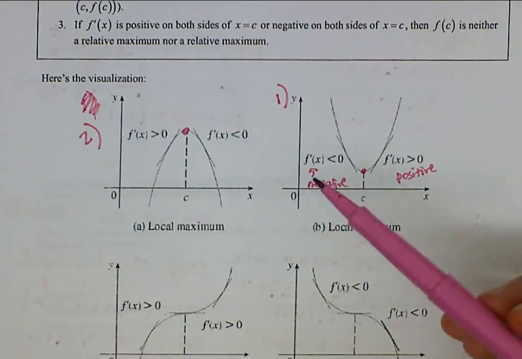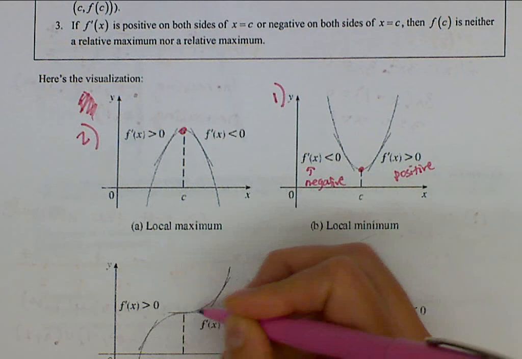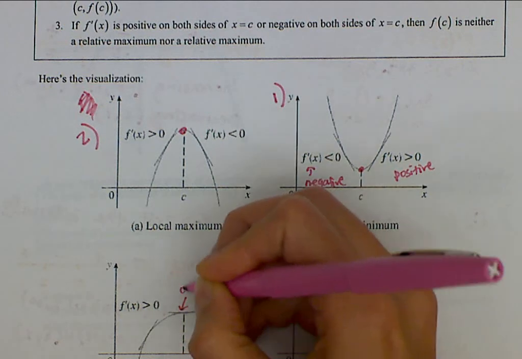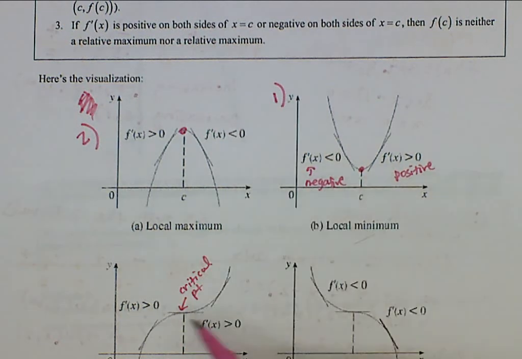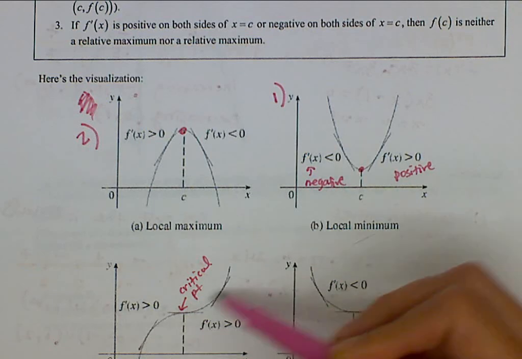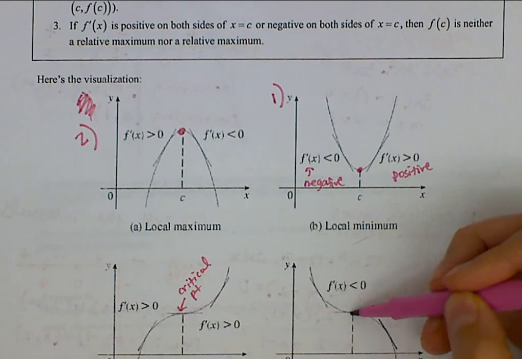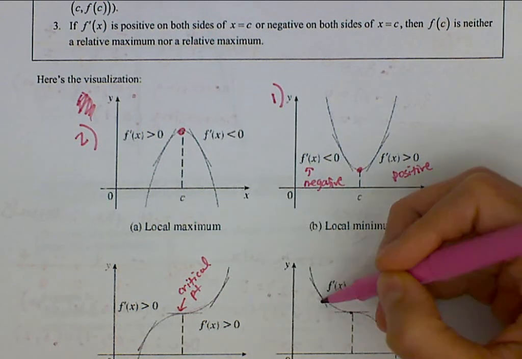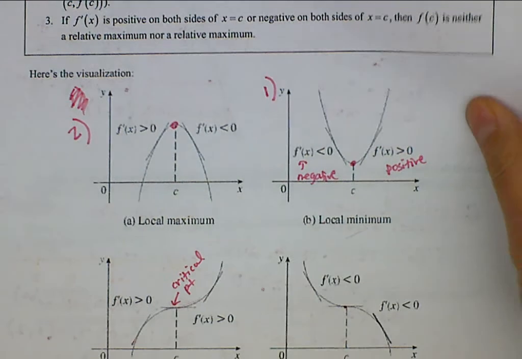So this is like a case of a cubic. We still have a slope of 0, so this is still a critical point. But the slope is positive on both sides of it, so there is no maximum or minimum. And on this one, we have a critical point, but the slope is negative on both sides, so it doesn't end up being a maximum or a minimum.